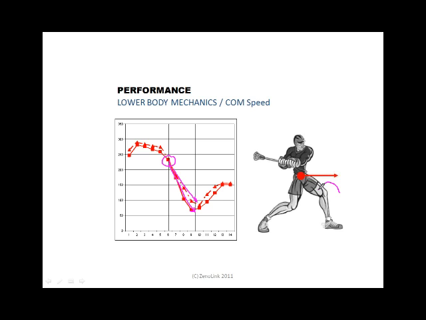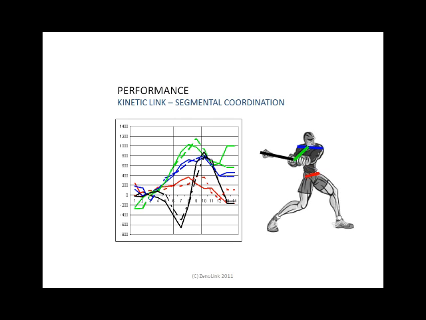So the ability to stabilize the lead leg directly relates to the ability to control the center of mass and produce pelvic speed, creating rotational torque off of the linear momentum. Again, you can see how important lead leg stabilization is to shooting speed as well as explosiveness and power.